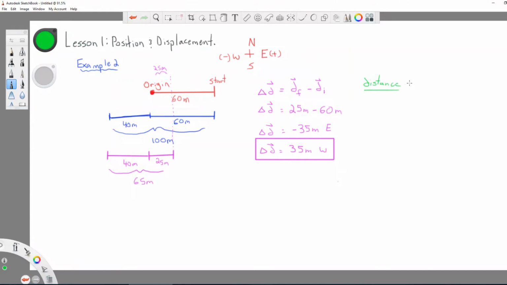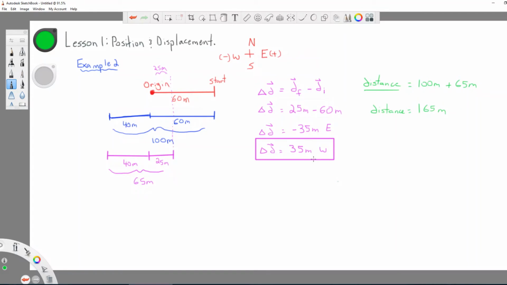This is going to equal just the sum of all the places we traveled. Our first trip, we traveled 60 and 40 meters, so 100 meters. Then we traveled back another 65 meters. Our distance is equal to 165 meters.